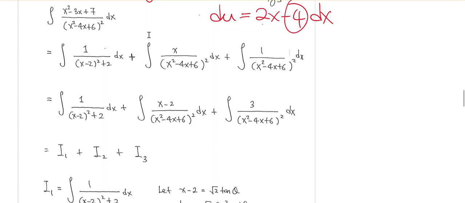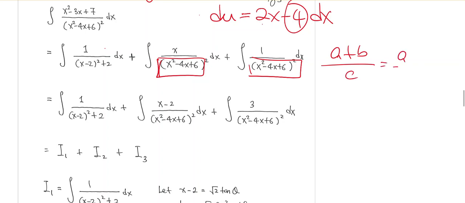So right now, I am going to minus 2 and then plus 2 so that I don't change the whole thing. But then I'm just going to group this guy here and leave it here. And then the 2, I'm going to kick the 2 out and combine this with 1 to get a 3. The reason why we can do that is because we have the same base. The denominator is the same, so basically we're doing a plus b over c equals a over c plus b over c, this kind of stuff.